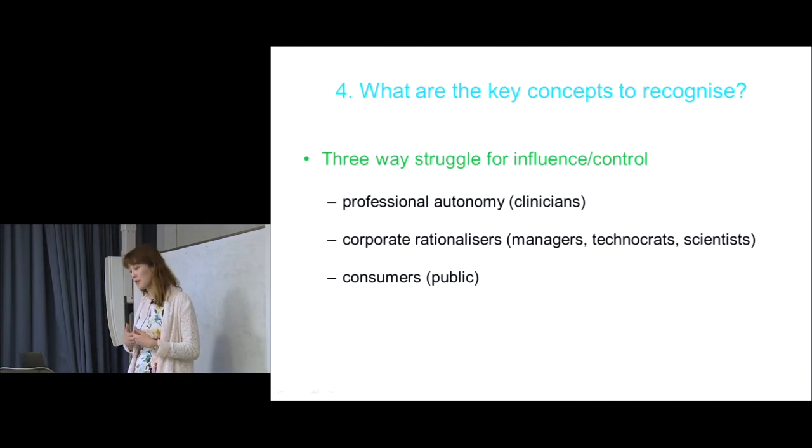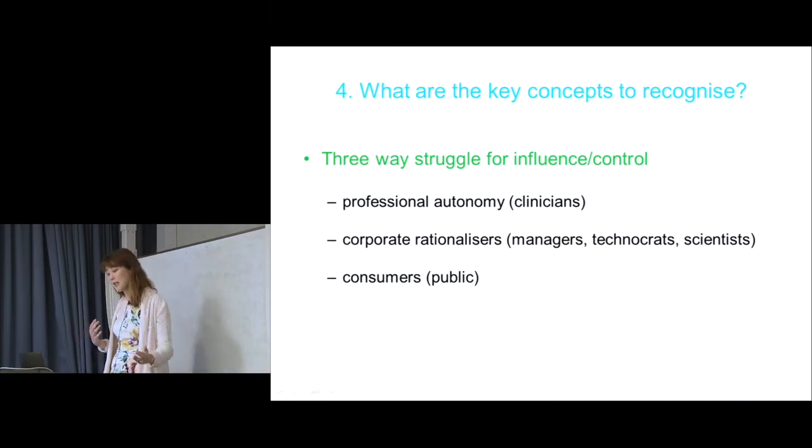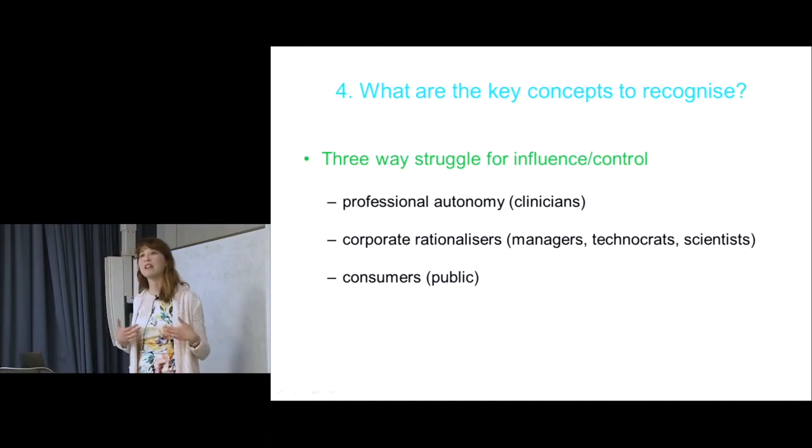First of all, I want to understand how the dynamics work around clinicians' autonomy. It's very crucial that many of us come from a clinical background, that professionals have a degree of autonomy. Fifty years ago, professional autonomy was the center.